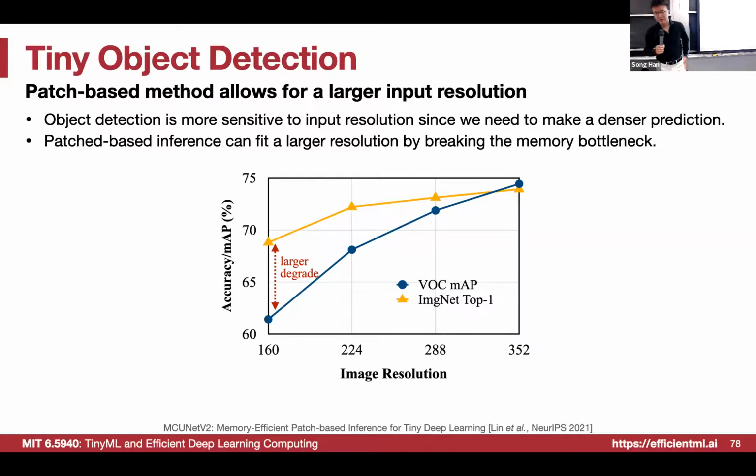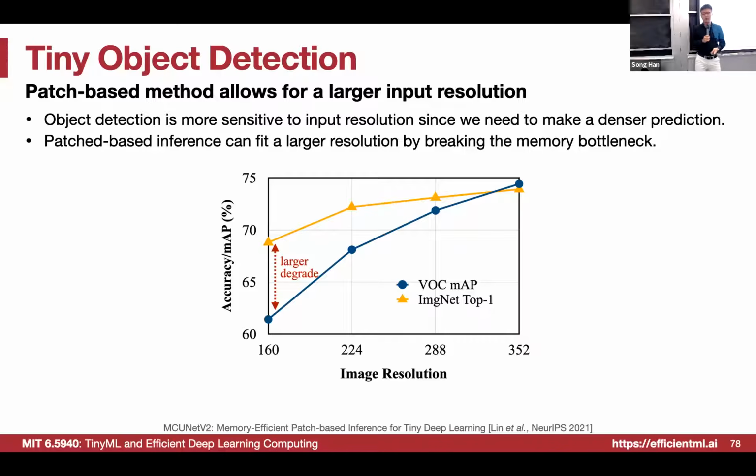Not only classification, but also object detection. Object detection is very sensitive to the input resolution, since we need to make denser predictions. So this kind of patch-based inference is very helpful because it can fit a larger resolution and breaks this memory bottleneck. This figure shows the accuracy, measured with mean average precision, versus image resolution. You can see as we start with a high resolution and gradually reduce the resolution, there is a pretty big degradation in accuracy.